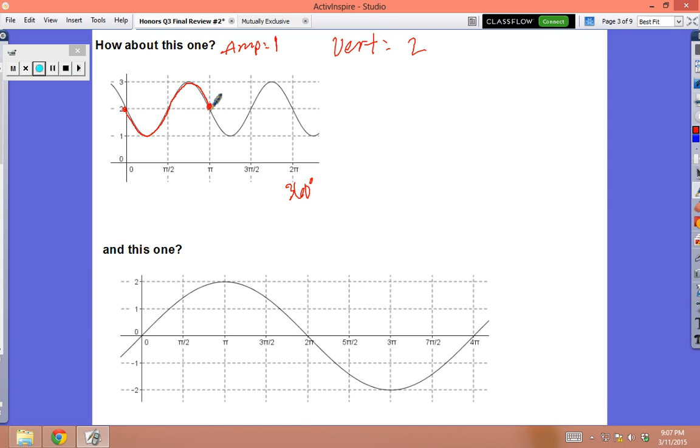That is one period, because now I'm halfway back down the roller coaster. I'm getting 2 of those in 360, so my period from start to finish is 180.